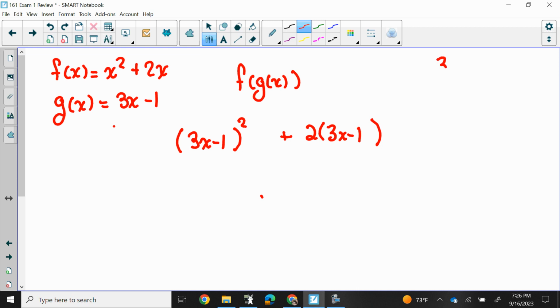So 3x minus 1 squared. Remember, please be careful with that. That's 9x squared minus 6x plus 1, right?